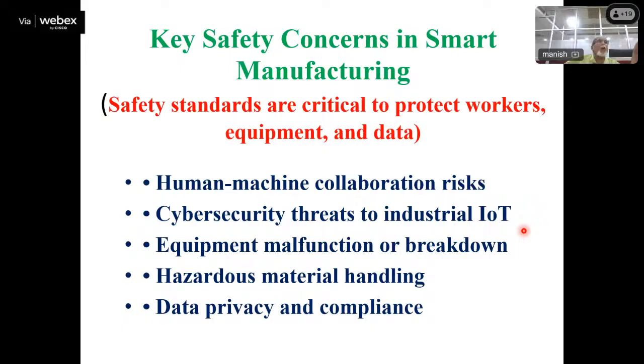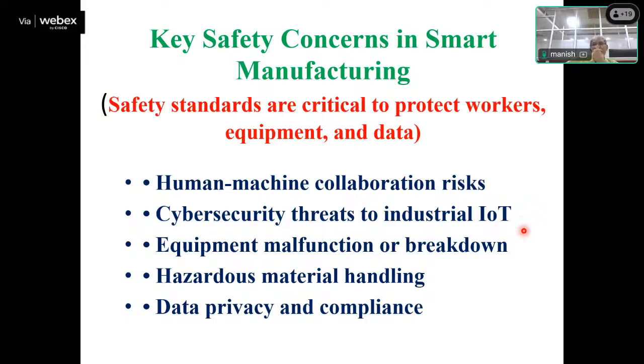Now if the synchronization is not proper, between when you put it and the speed with which the robot is picking it up, the robot can catch hold of your hand, and it does not know when to release. It simply knows that it has to be released only at that particular point where the job has to be released. So this human machine collaboration risk is always there. It can lead to an accident.